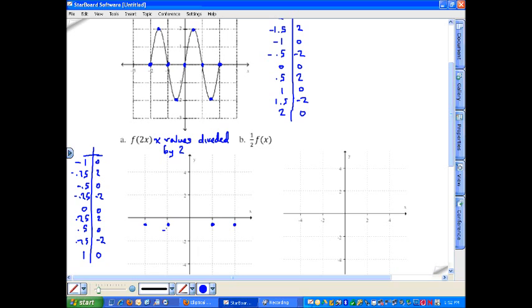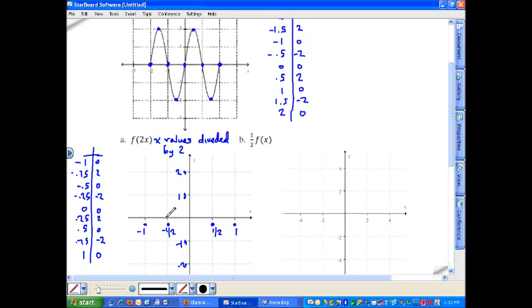I'm going to call this -1/2, -1, +1, and excuse me, this is 1/2, and that's going to be 1. I'm going to call this 1, 2, -1, -2. I think it'd be easier to graph this way.